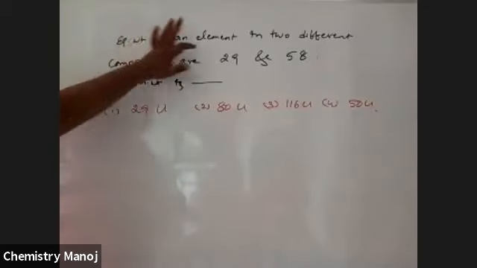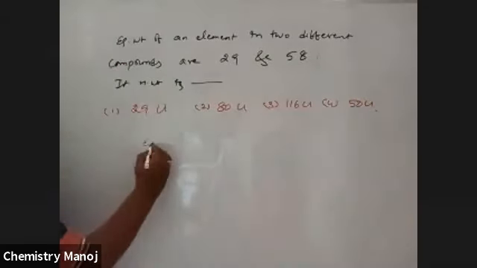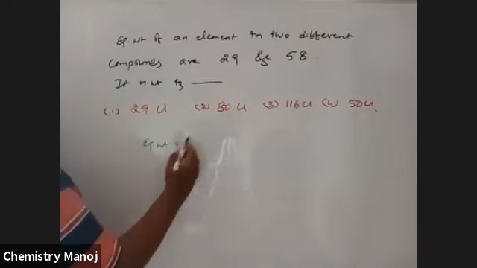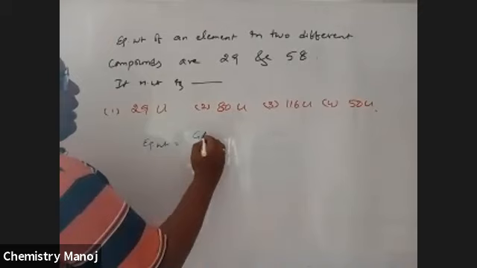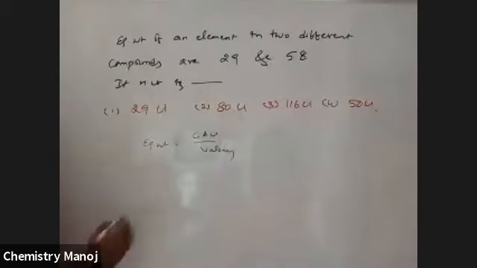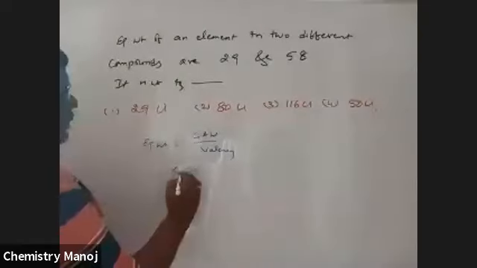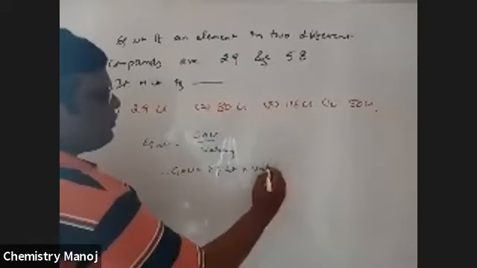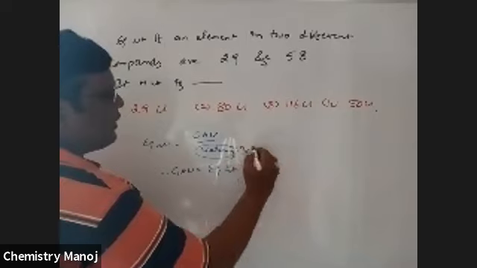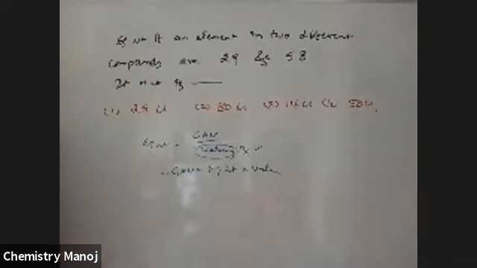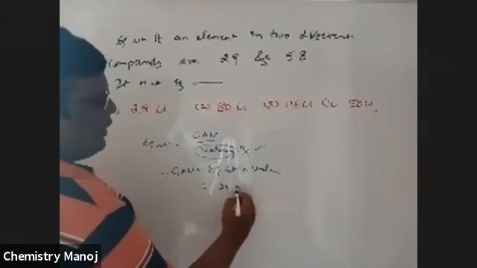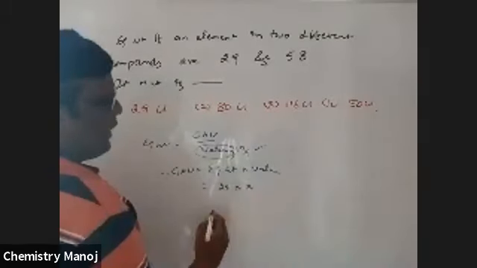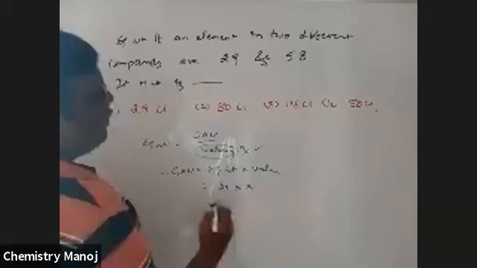So equivalent weight is given to you. We know equivalent weight is equal to gram atomic weight by valency. Therefore, gram atomic weight is equal to equivalent weight into valency. Valency and n factor are both the same, my dear boys. Therefore, the atomic weight is either 29 into some valency x, or 58 into something y.